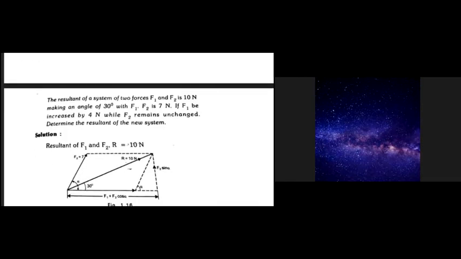See here. Two forces are F1 and F2, and assume the angle between F1 and F2 is alpha. So in the figure, draw F1 along the horizontal and F2 making some angle alpha with F1.